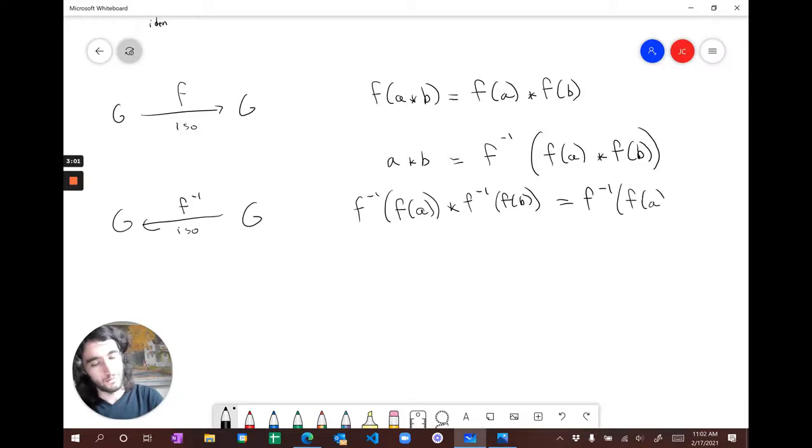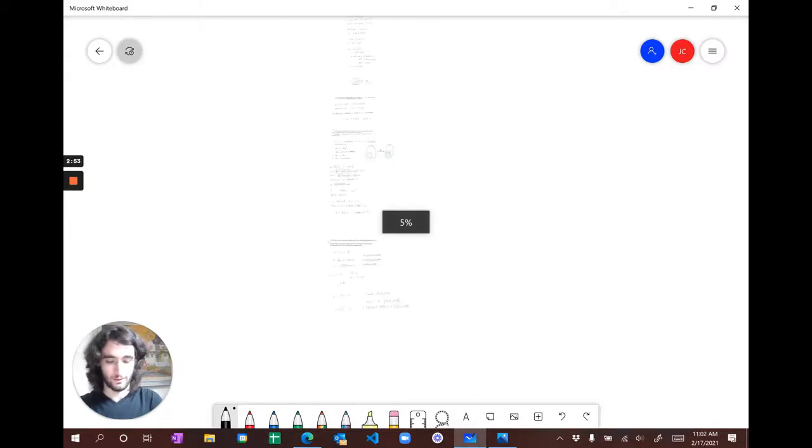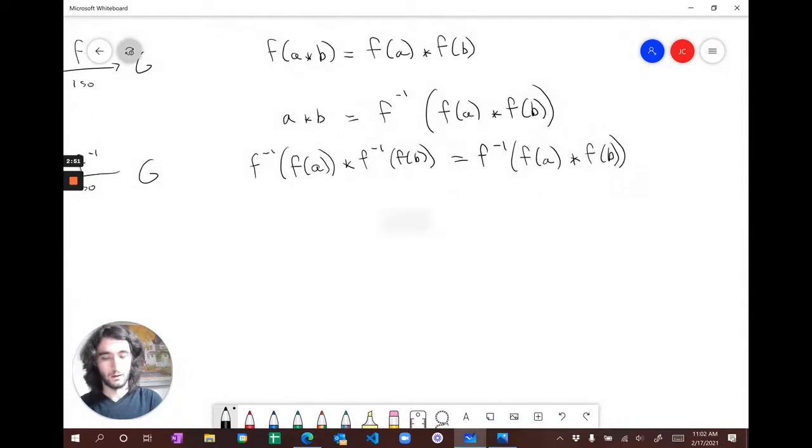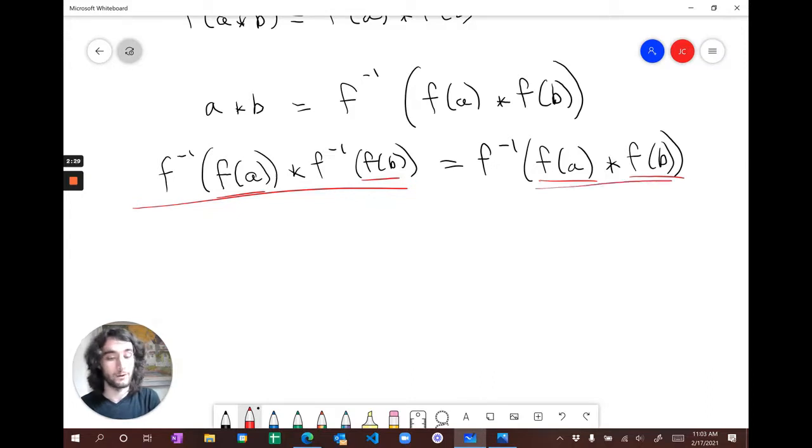Right, so this sure looks ugly and complicated, which is why I don't like thinking about it this way. But ultimately what this is saying is that if you've got any two elements, f of a and f of b of G on the right, so this guy and this guy, multiplying them, doing the inverse function to them first and then multiplying them is the same thing as multiplying them first and then doing the inverse function, right?